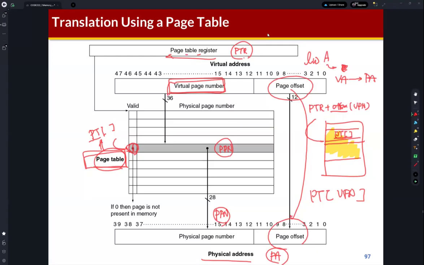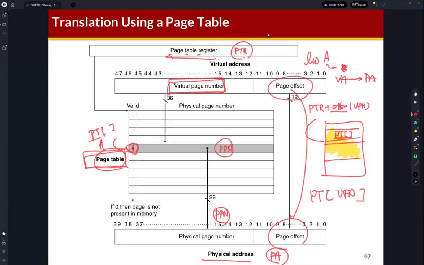To access the real data in the real physical memory, we need to translate this virtual memory address into a physical address. In order to translate the virtual address into a physical address, we require a page table.